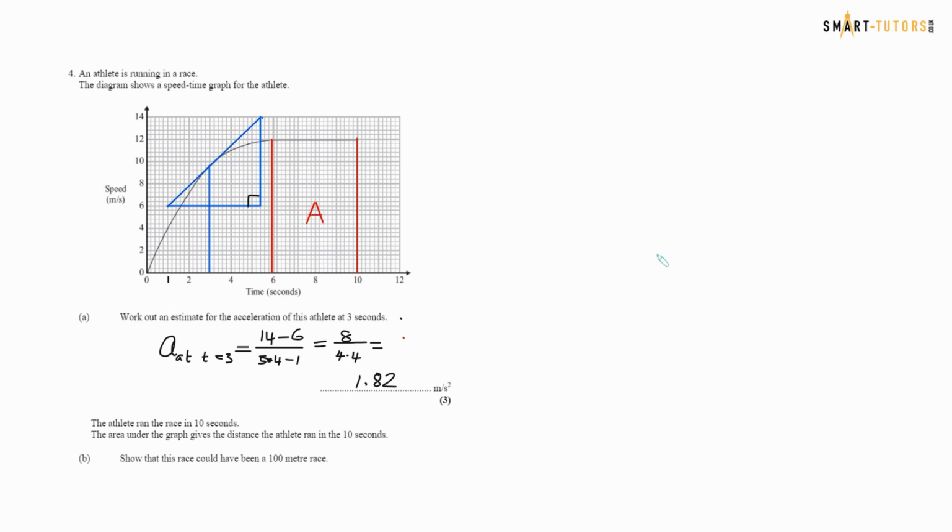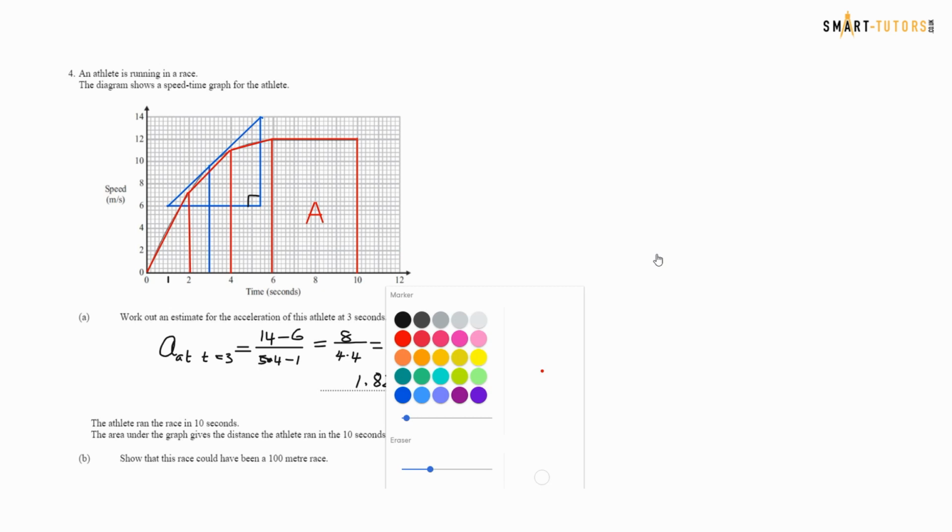And next, I'm going to draw another construction line at 4, and another construction line at 2. And now we are going to draw the straight lines. So this is a triangle, this is a trapezium, this is a trapezium, and this is a rectangle, right?